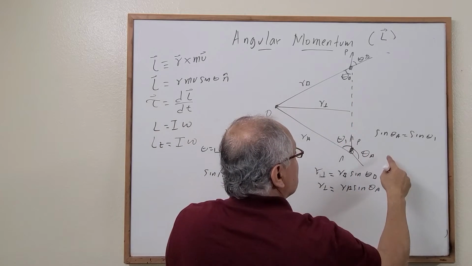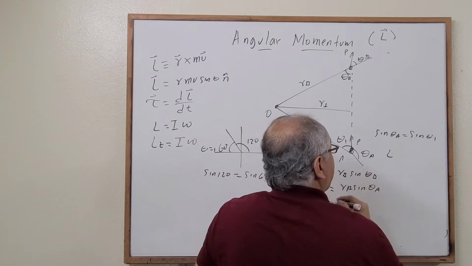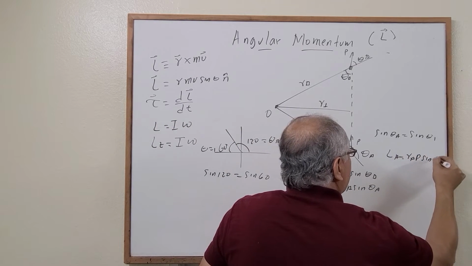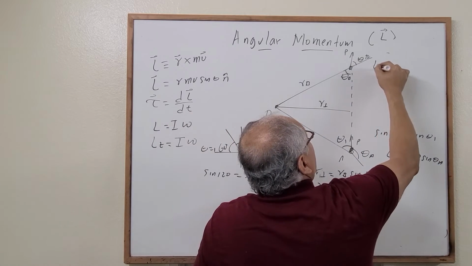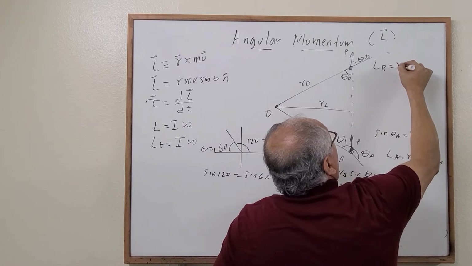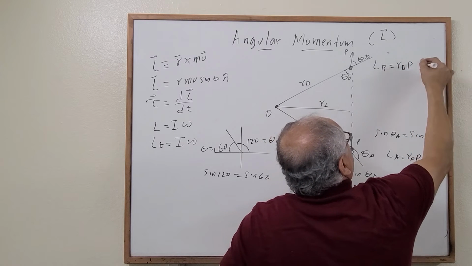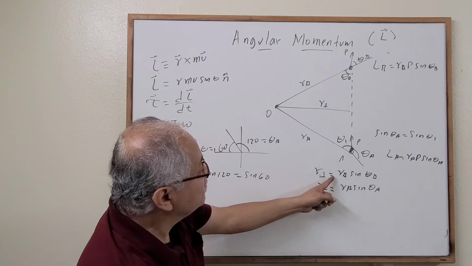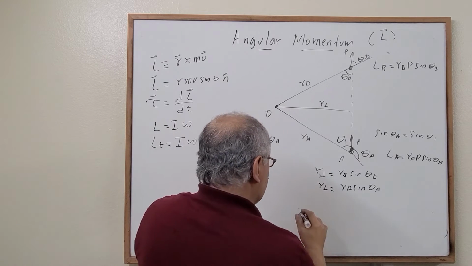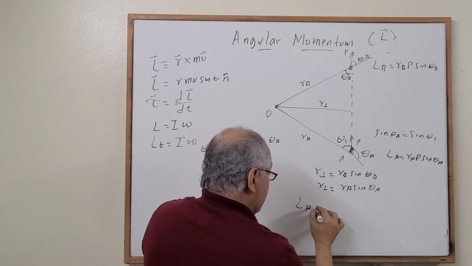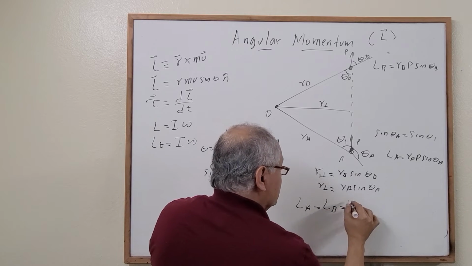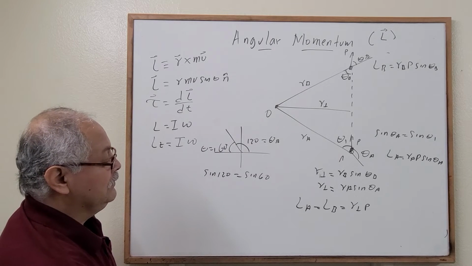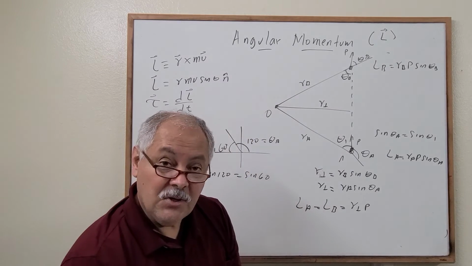Because at this position, the angular momentum at A is equal to R A P sine theta A, and at B the angular momentum is R B P sine theta B. Using this condition, the angular momentum at A is equal to the angular momentum at B, equal to R perpendicular times P. Correct? Meaning the angular momentum is constant.